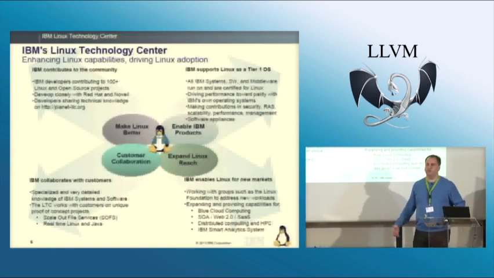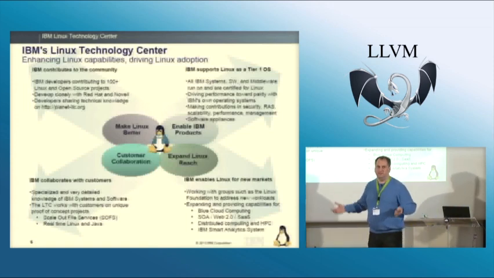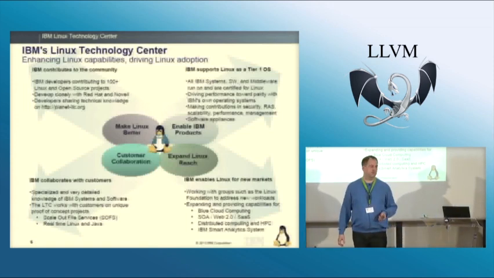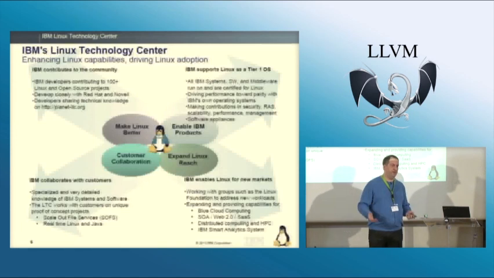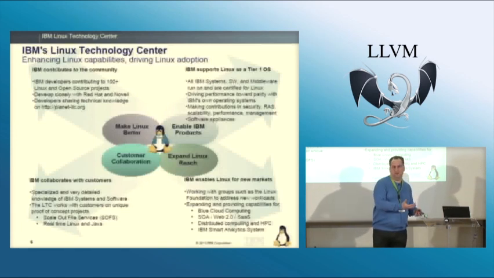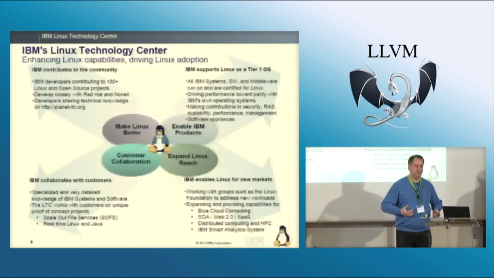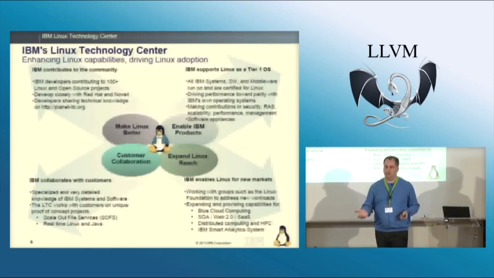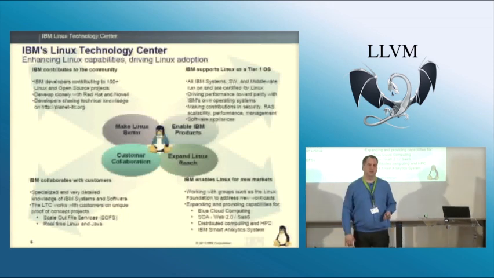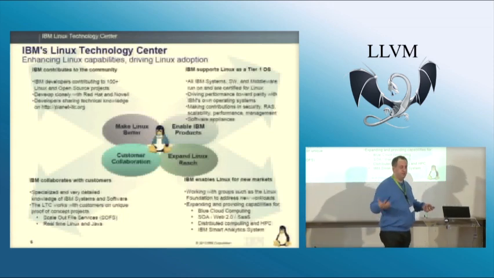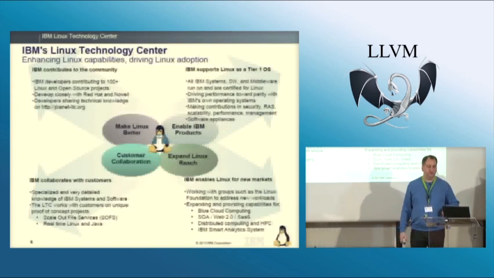So we are basically the group within IBM that does all the Linux-based operating system work for a variety of purposes, both making Linux itself better, adding new capabilities, enabling all the IBM products, which is hardware, software, and services, to work well with Linux, and also doing some special stuff with customers and preparing Linux for being able to do things that it couldn't do before.